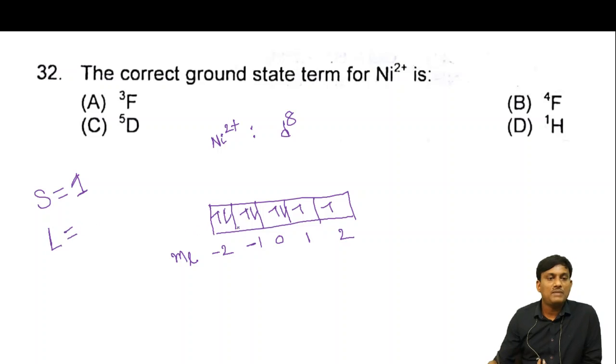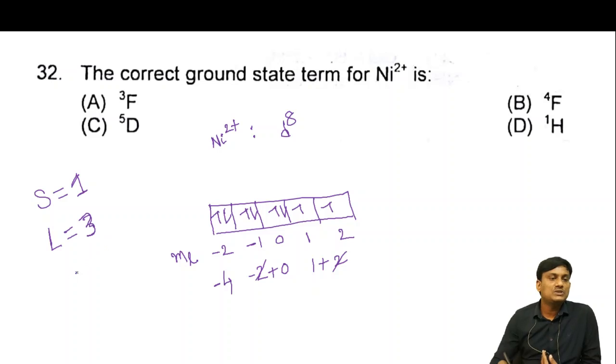It's the sum of ml values. Here, -2 into 2 will be -4, -1 into 2 will be -2, then 0, 1, 2. So -2 cancels with +2, and -4 and +1 give -3. You take the absolute value, so L is 3.